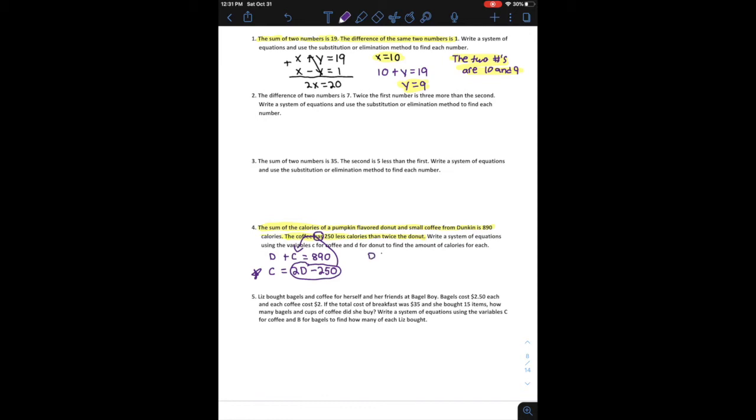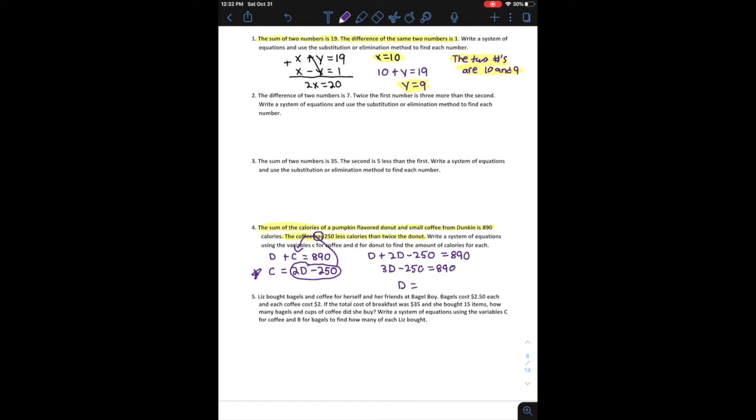So we would get D plus 2D minus 250 equals 890. Simplifying that, we're left with just the variable D. D plus 2D is going to give us 3D minus 250 equals 890.